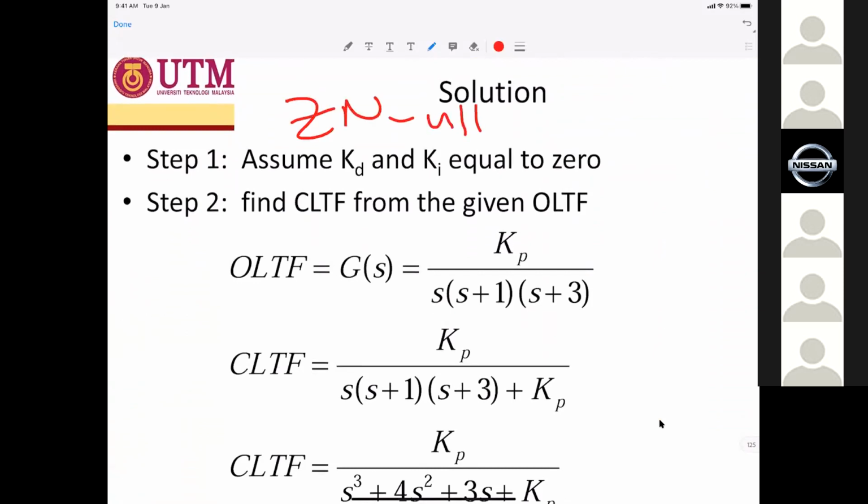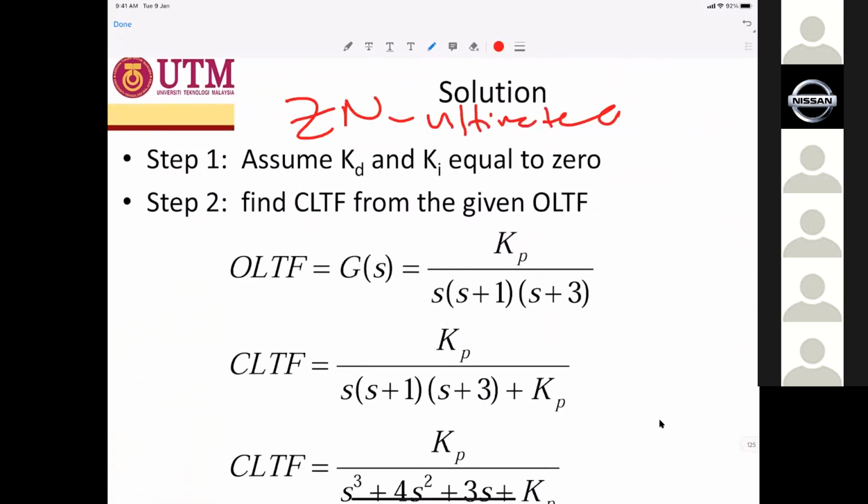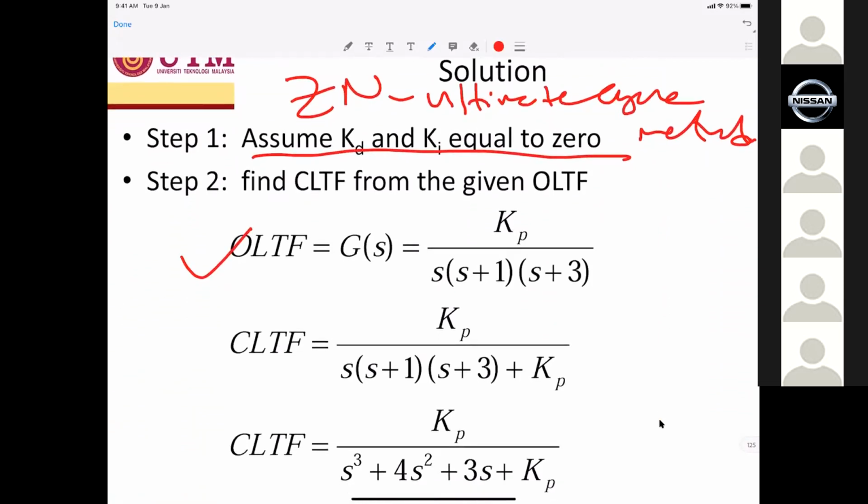Then we move on to the Ziegler-Nichols alternate cycle method, by assuming KD, KI equal to 0. Why? Because we want to avoid the factor of derivative and integration. Then the open loop transfer function given is Kp divided by S plus 1, S plus 3.